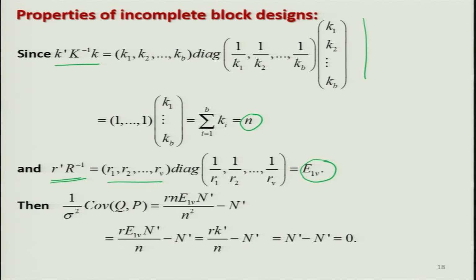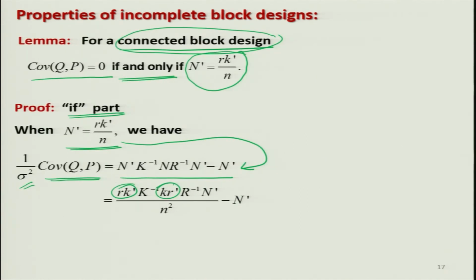So, now if you try to see these terms, this is K inverse and then another k transpose K inverse k, and then this is the term r transpose R inverse.